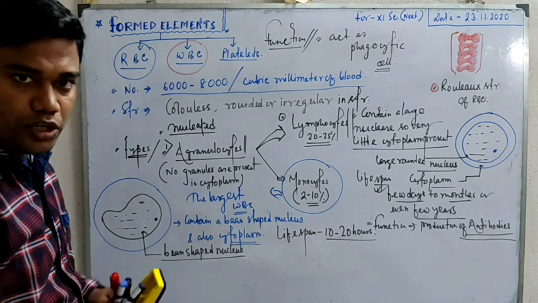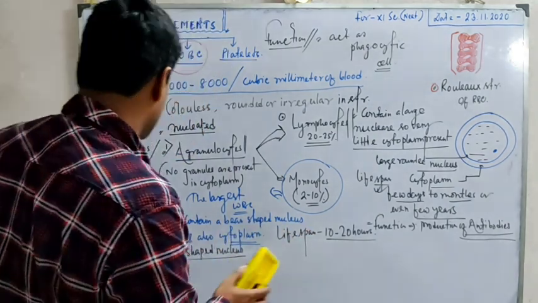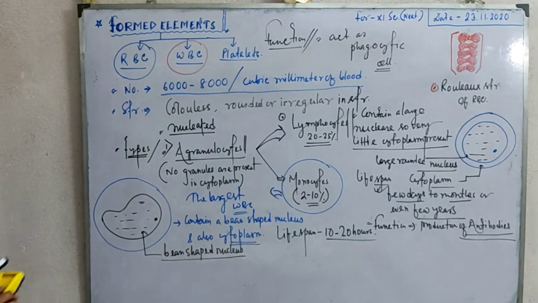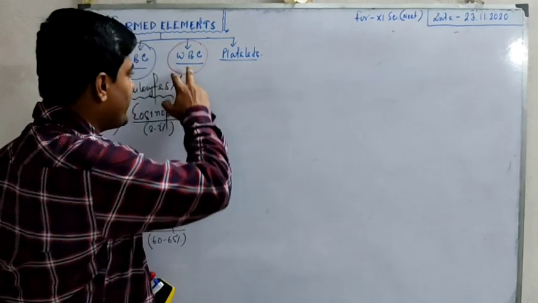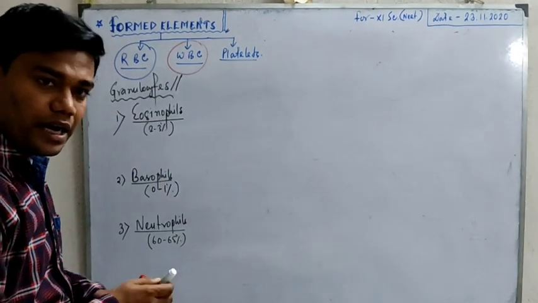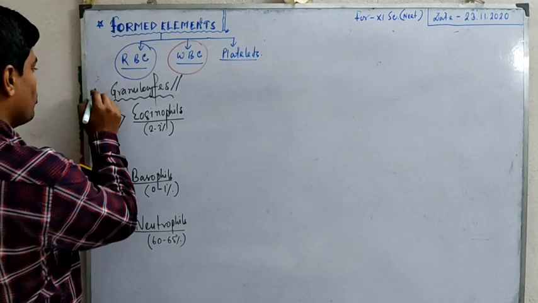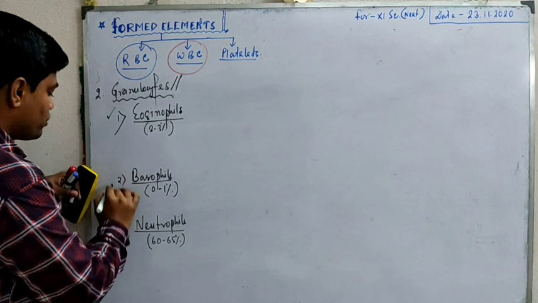So these are the agranulocytes of WBC. Now we move to the granulocytes of WBC, and among them three types of granulocytes are there.